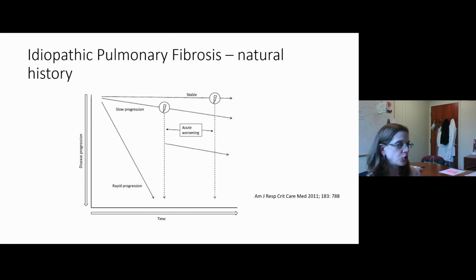And then just to mention that we must remember that IPF has a very wide natural history. There is a subset of patients, although small, who will remain stable with IPF. There are some patients who will have very rapid progression of disease, some patients who will have a slow and predictable rate of progression, and then some patients who will be on a plateau and then suddenly experience an acute worsening.